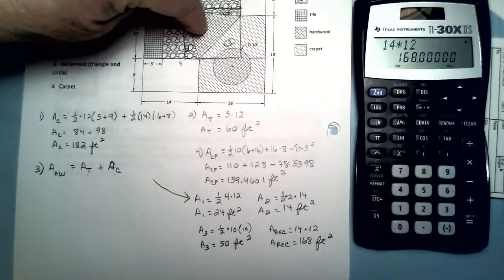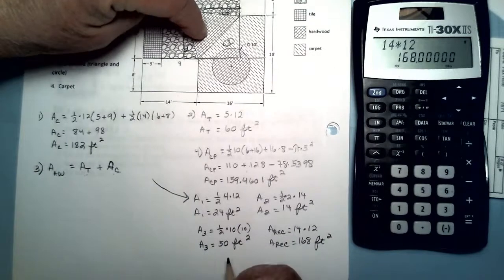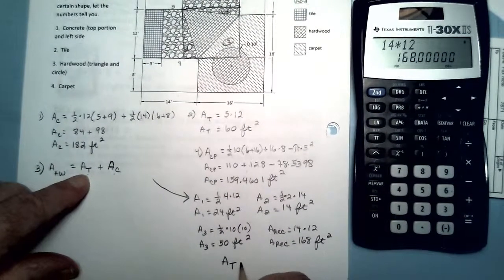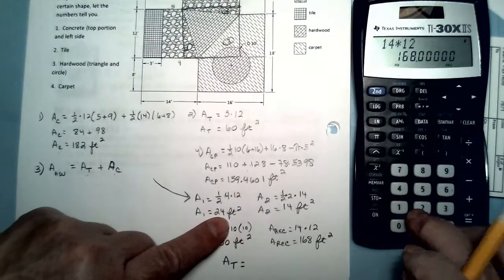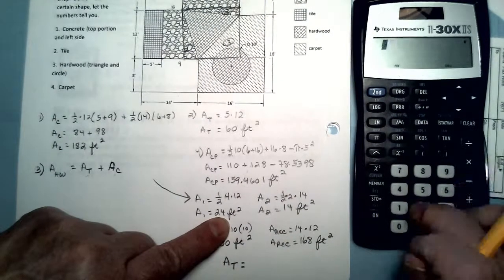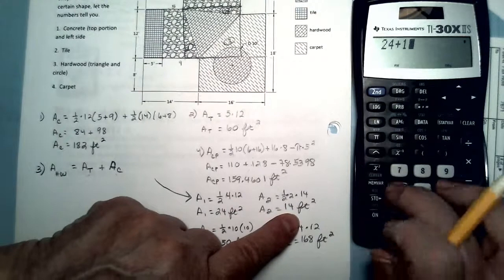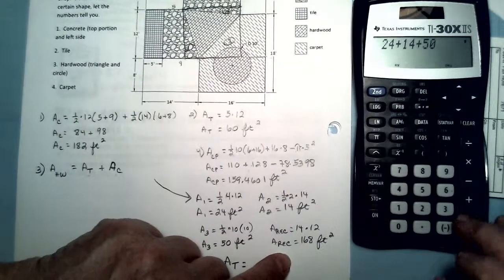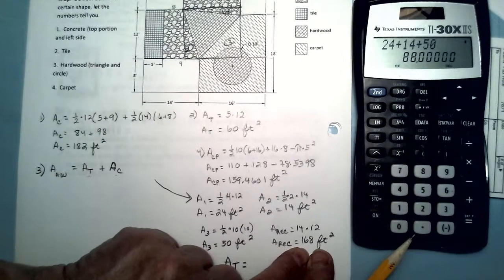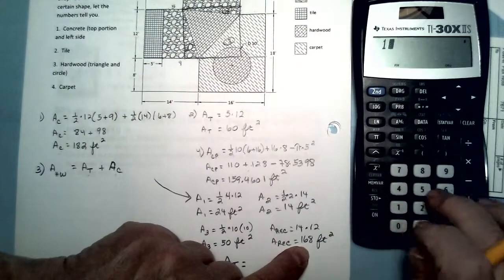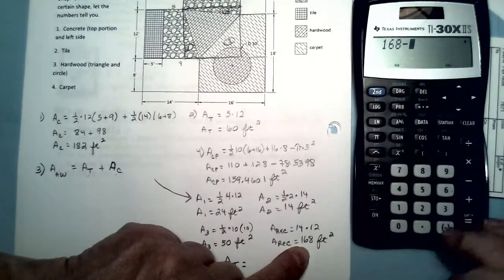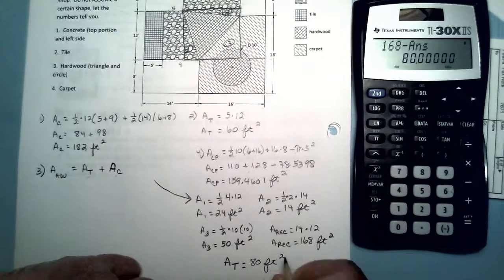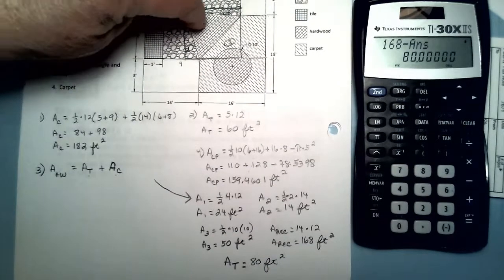So the area of that triangle, which is this guy over here, that's what I'm looking for, is equal to 24 plus 14 plus 50, and all of that, that's 88. That's going to be subtracted from 168. 168 minus that sum. So I get 80 square feet for that triangle.